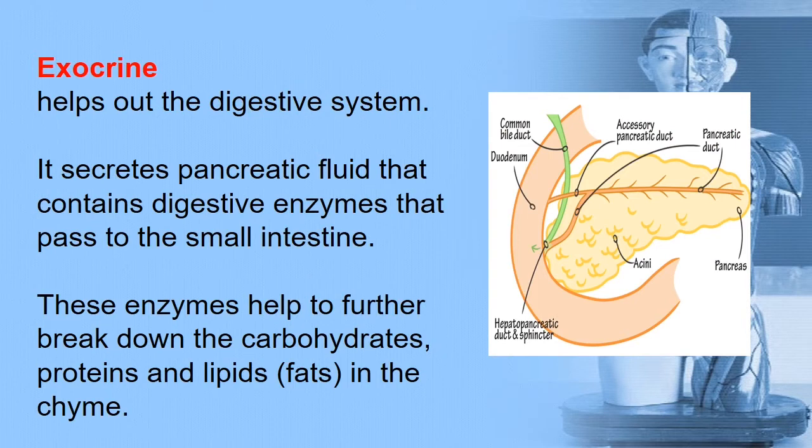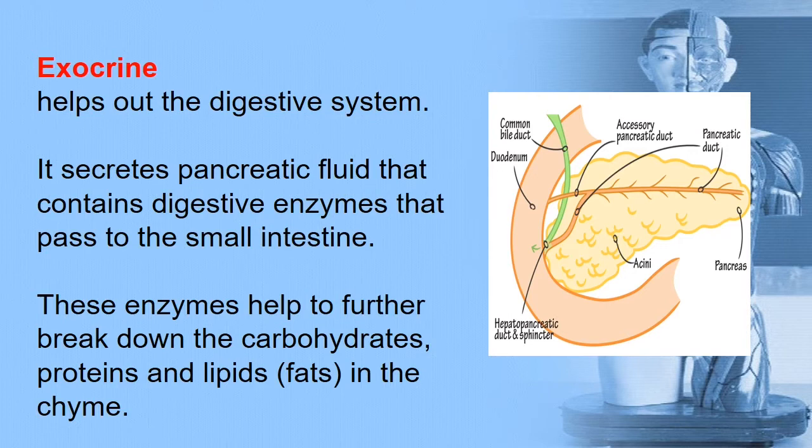Now we will see the exocrine gland that helps the digestive system. It secretes pancreatic fluid or pancreatic juice that contains digestive enzymes which pass to the small intestine, especially the duodenum. These enzymes help further breakdown of the carbohydrate, protein and lipids in the chyme.